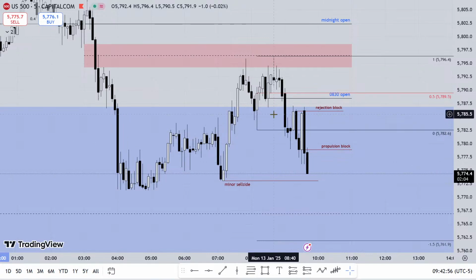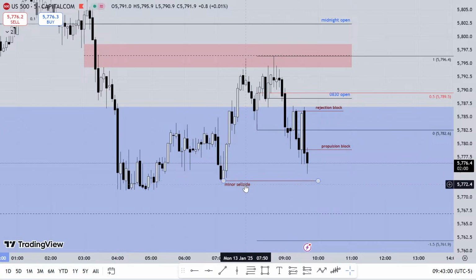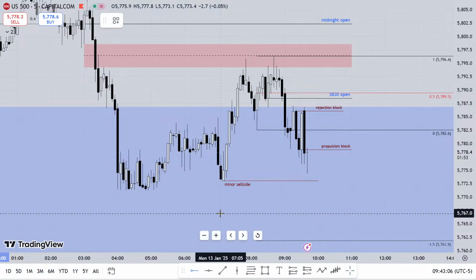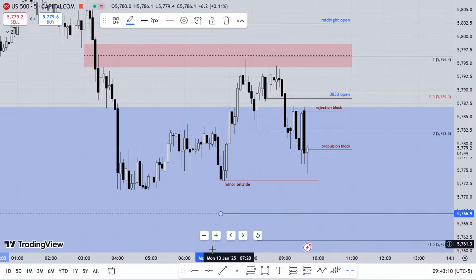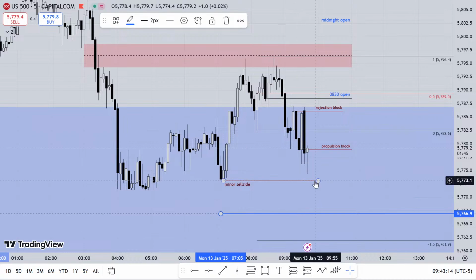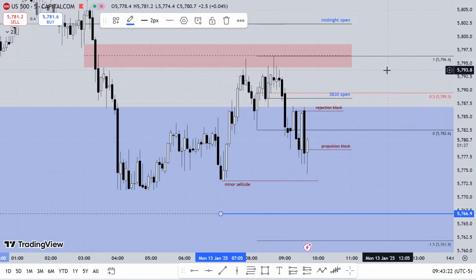Now, you do not need your drawn liquidity, whether a short term drawn liquidity or a long term drawn liquidity, to be reached for it to be profitable. This midpoint here was our long term drawn liquidity, and this minus sell side liquidity pool was our short term drawn liquidity. The idea of taking partials would help you to get out of positions and you bank something.